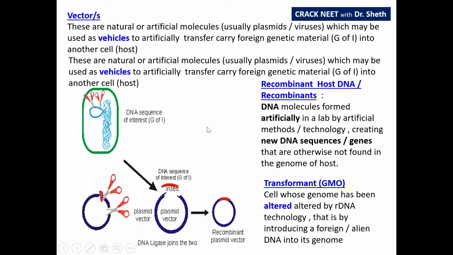We will see that there is an exception to this case also, where sometimes non-recombinant vectors, means those who have not been modified, may also enter the host. This is described separately in another topic, where non-recombinant means the basic vector also can enter the host, and that also will be called a transformant.